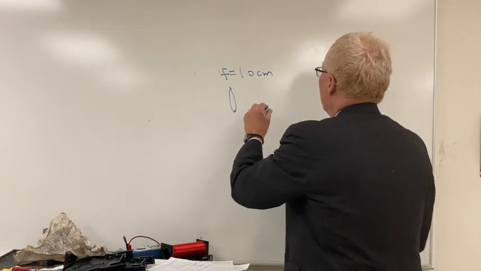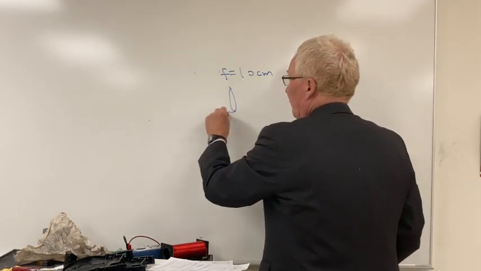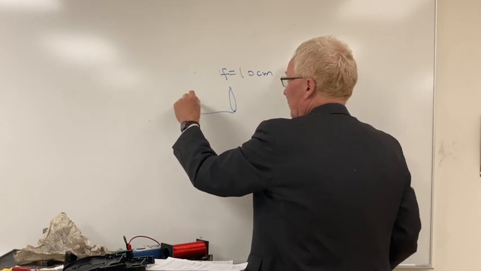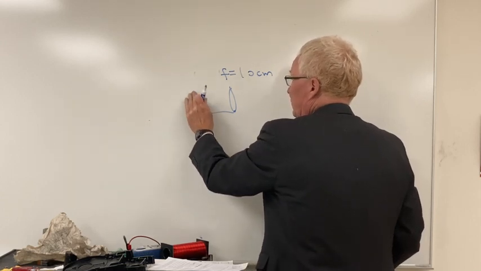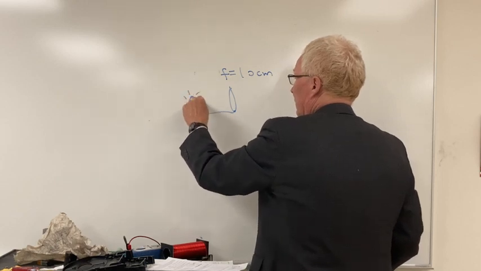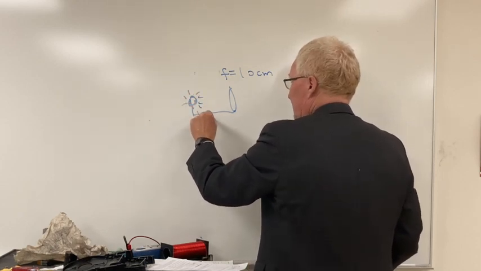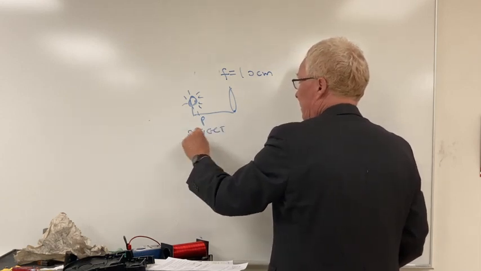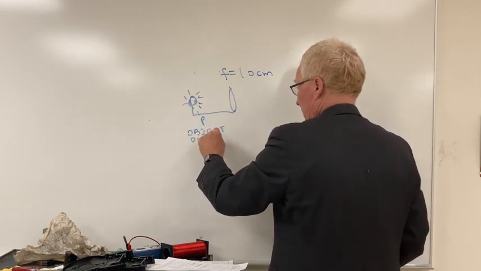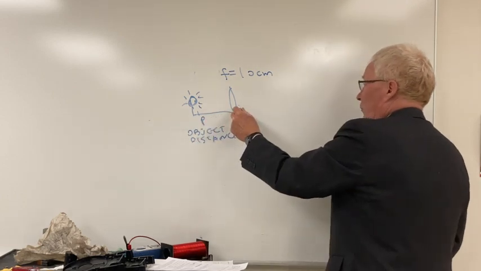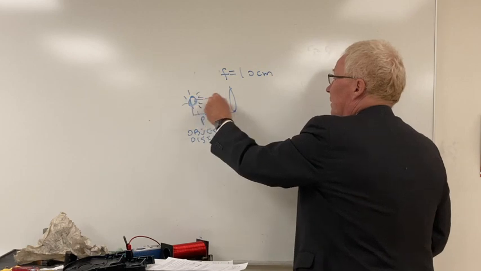The way this works, we put an object, say a light or me or whatever, a light source, a distance P away. This is the object distance.